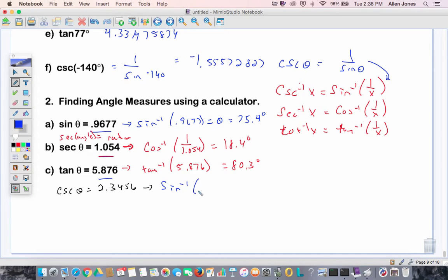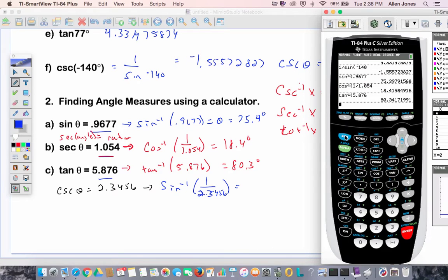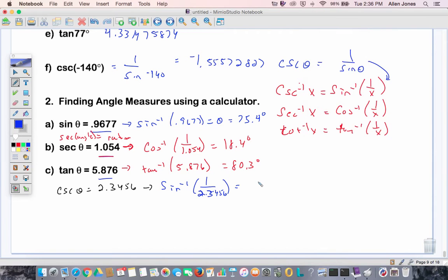of 1 divided by 2.3456. So in our calculator, inverse sine, or maybe not, we have to come back to this.